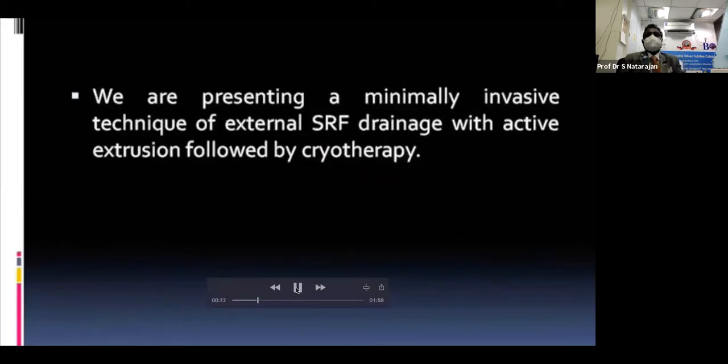During further follow-up, we present a minimally invasive technique where we use the indirect ophthalmoscope and place the needle with the viscous fluid extractor and an infusion line. You can see I have placed a regular infusion line.